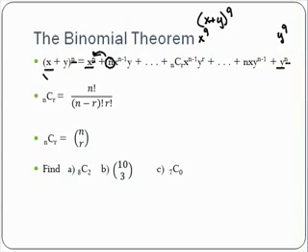So let's say that we had (x plus y) to the 4th. From the pattern, it looks like the first term is going to be x to the 4th. And for the next one, I'd take that exponent of 4 and move it out to the front. It becomes a coefficient. And x is then raised to 1 less power. And then we'd have a y. And it starts growing that way.